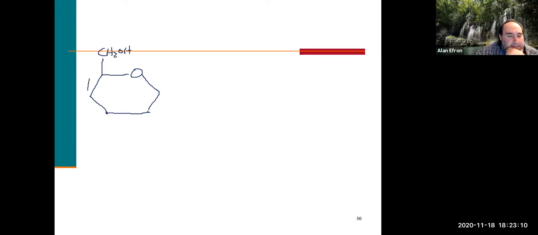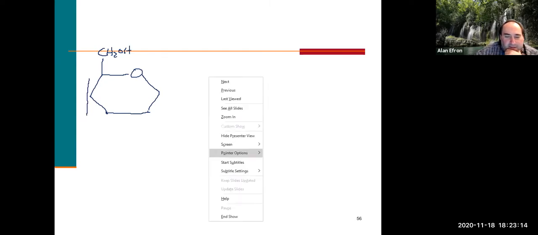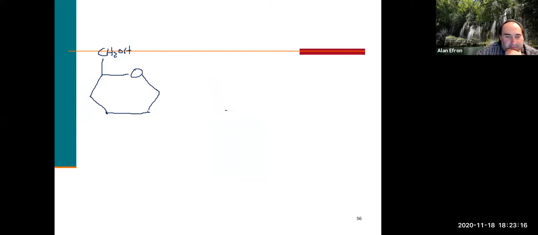Totally missed the carbon there. Try that again. OH, we'll do OH this way, and we'll do OH this way.